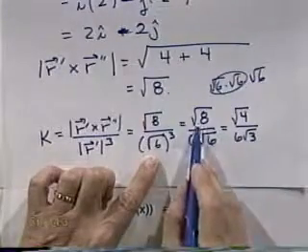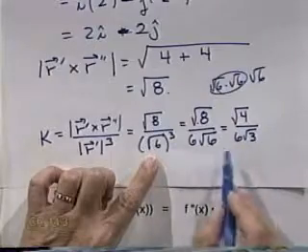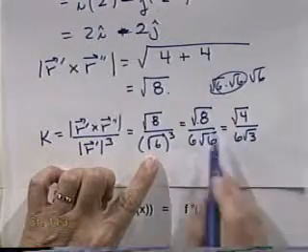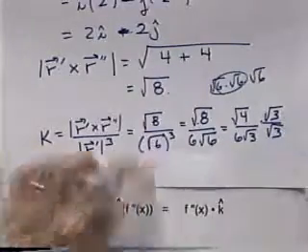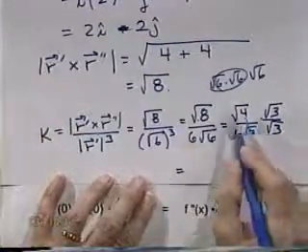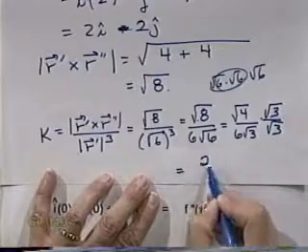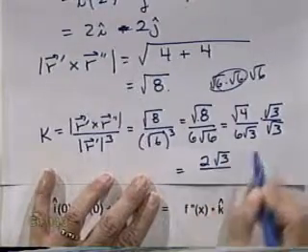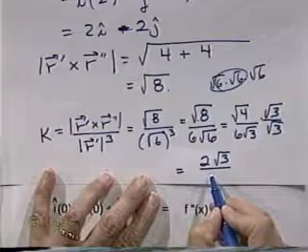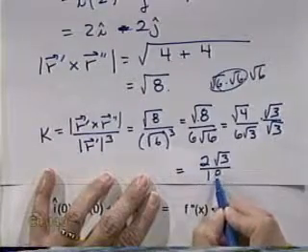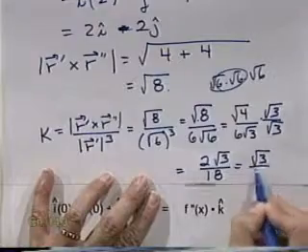Is that right? 2 into the top, 2 into the bottom. Then we multiply by root 3 over root 3, because you don't want a radical in the denominator. The square root of 4, last time I looked, is 2. So I have 2 root 3 over 6 times 3, which is 18, and we can reduce that.